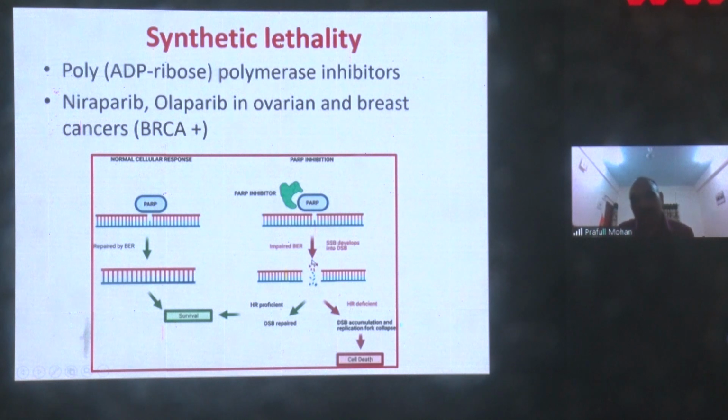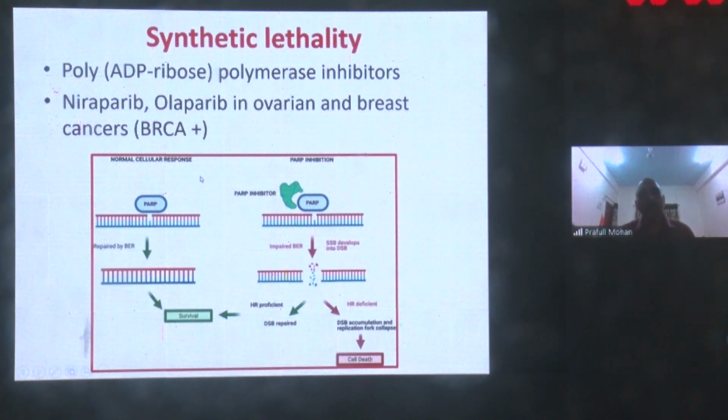So this single stranded break develops into a double stranded break, and then it can be repaired only by homologous recombination, for which we require something known as BRCA1 and 2. So if BRCA1 and 2 are also mutated and deficient, and in that subset of patients you give PARP inhibitors, then they would ensure that the cancer cell gets lysed.